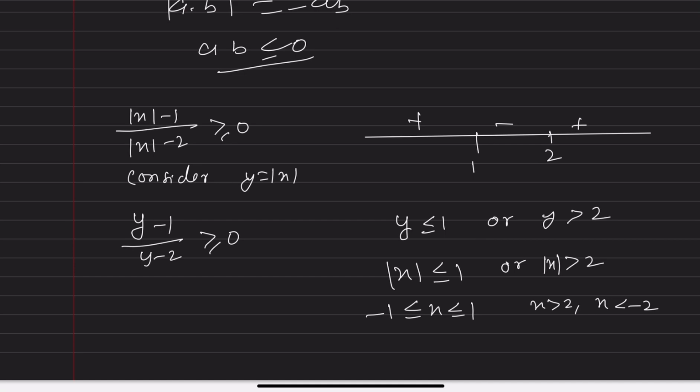So x belongs to minus infinity to minus 2, without the equal sign, union minus 1 to 1 with closed interval, and union 2 to infinity. So this is the required solution for the given question.